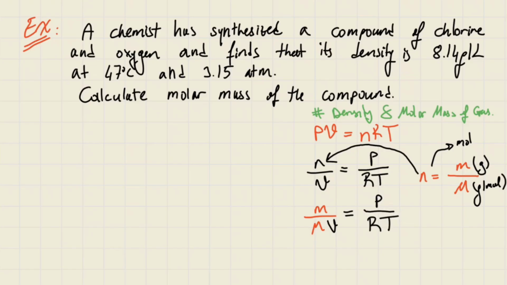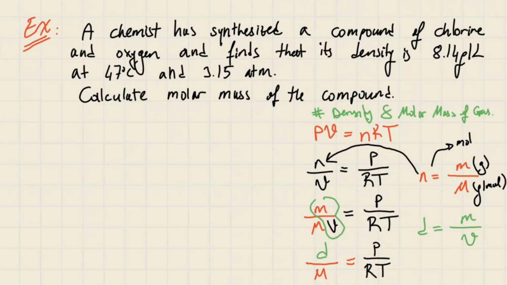And we know that m over V, mass over volume, is equal to density. So here I can substitute d. So d over molar mass equals P over RT.